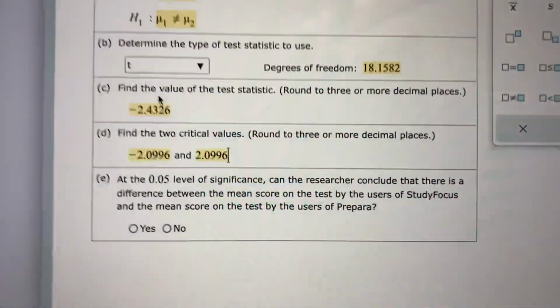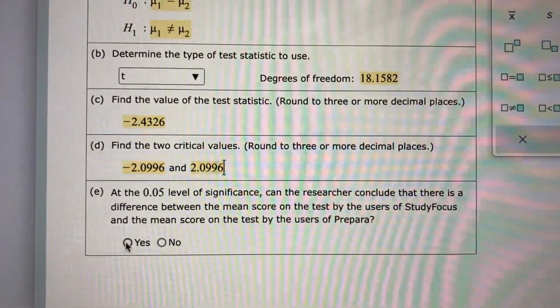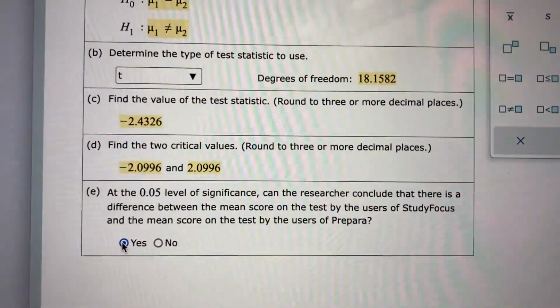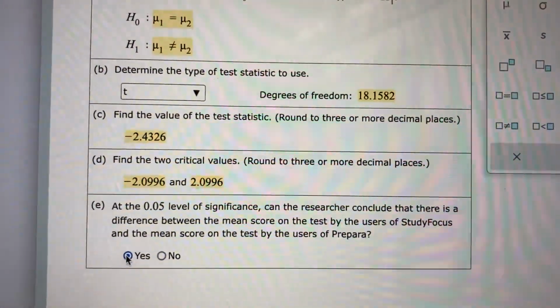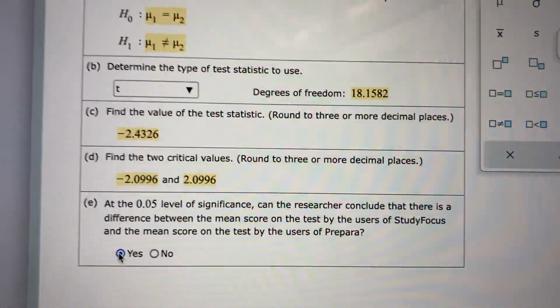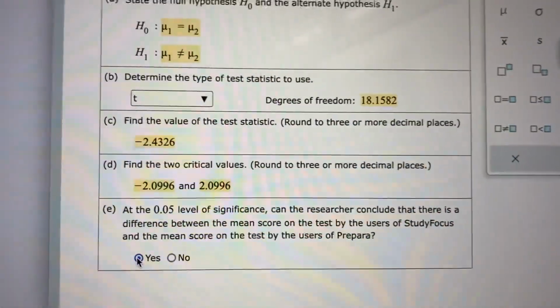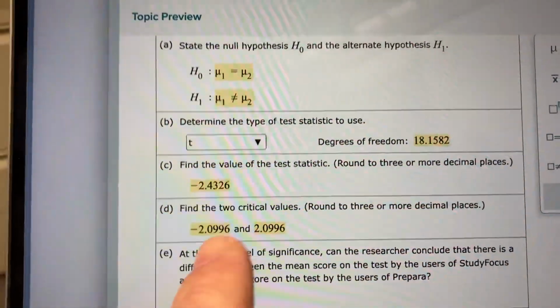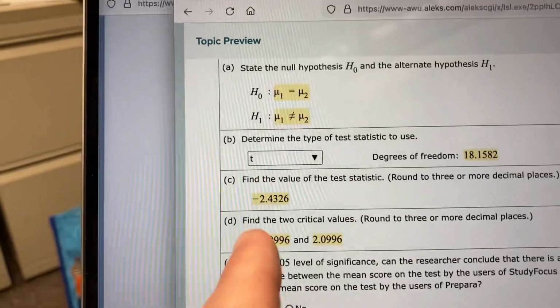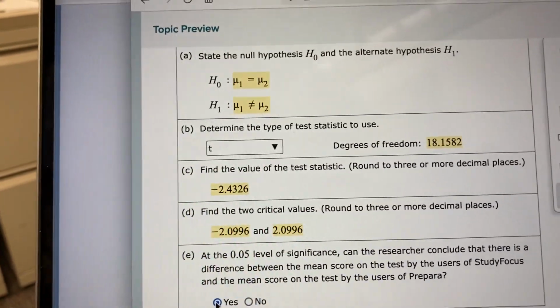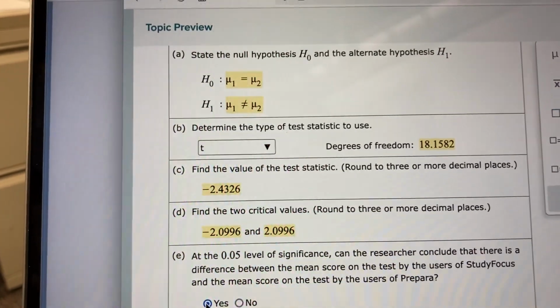The three-part conclusion that I ask for, first, you either reject the null or you fail to reject the null. So we are rejecting the null because this test statistic is farther away from the center than these two critical values. The other reason is that the p-value is smaller.